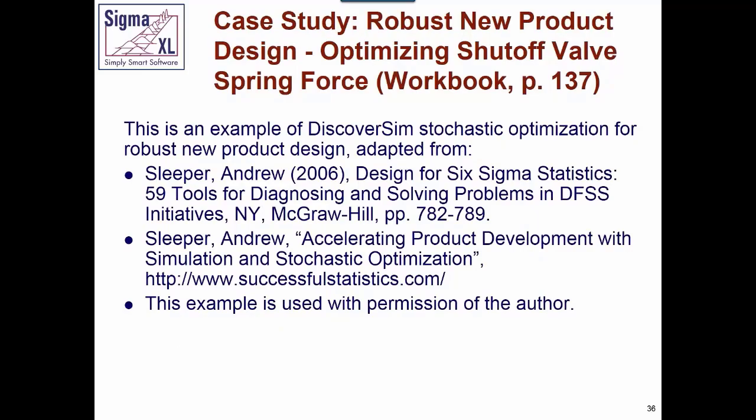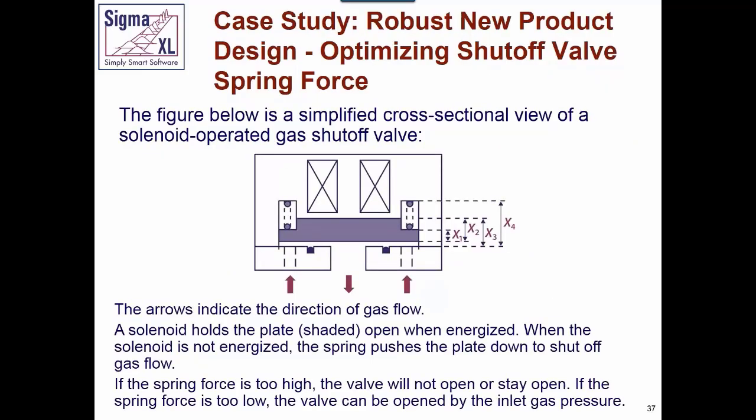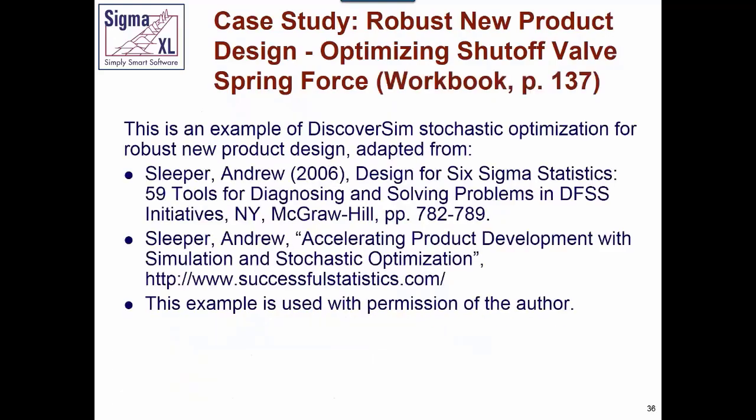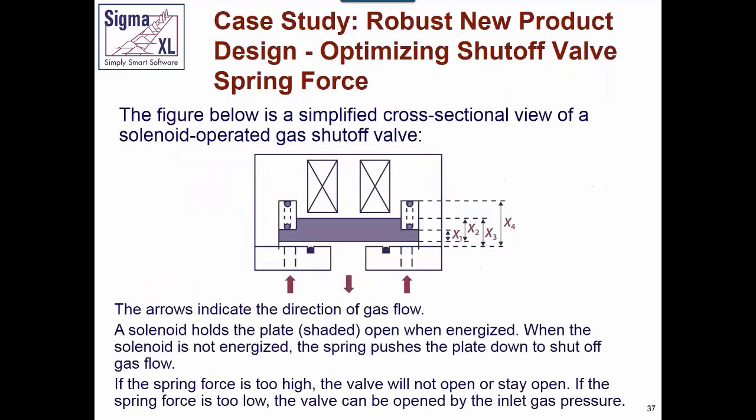So now I want to look at the spring force. And this, by the way, is from Andrew Sleeper's book, Design for Six Sigma Statistics, and is used with permission. This is a solenoid gas shutoff valve, and what we're trying to optimize is the spring force.